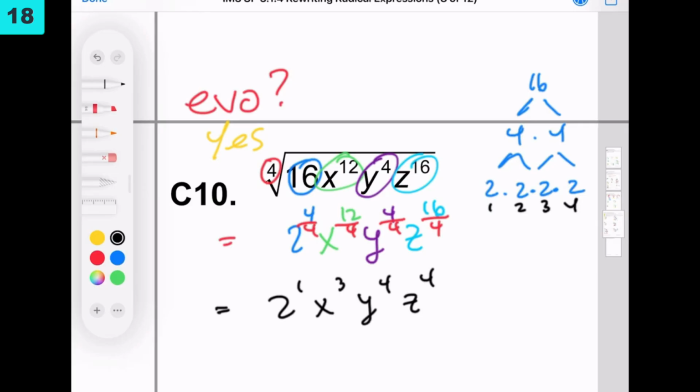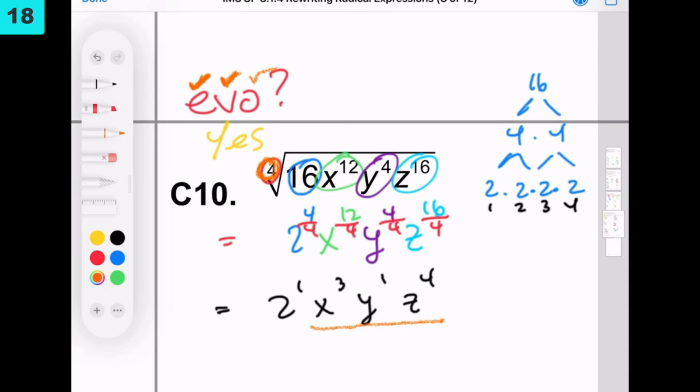Okay, now let's apply our EVO. This is only going to apply to even index, which we have. Variables only, so go ahead and underline those that are variables right there. And go ahead and only circle those that are odd degree exponents. That would only be, oh, I made a mistake. Did you see that mistake? Right there.